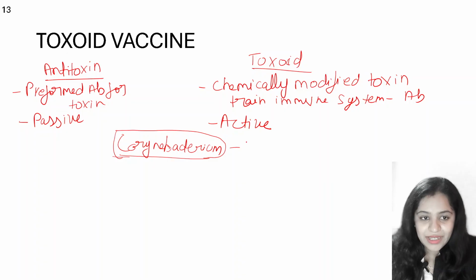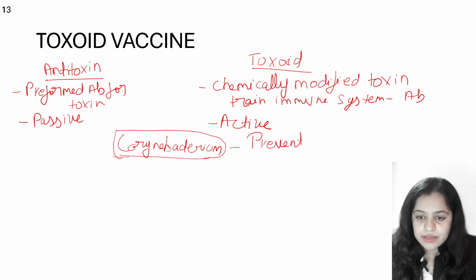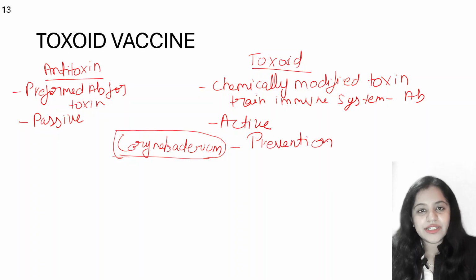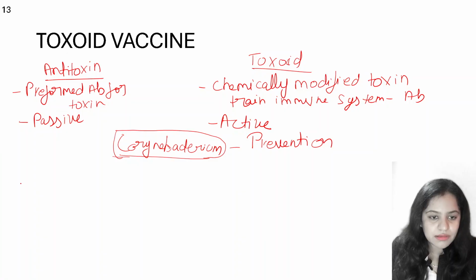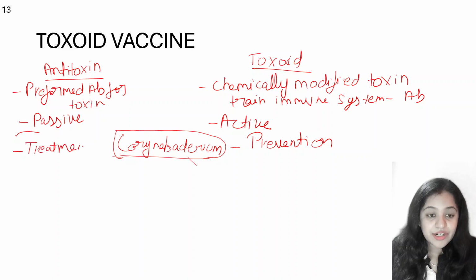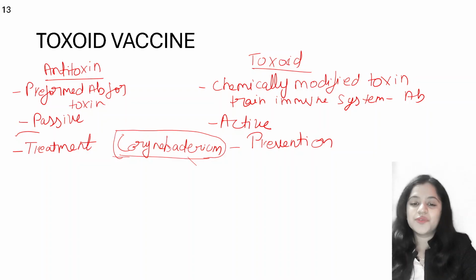So you give the vaccine in the form of toxoid. This is for prevention. But imagine somebody is already infected with this Corynebacterium. So what do we do? We give antitoxin. So this is for treatment. I hope this was clear.